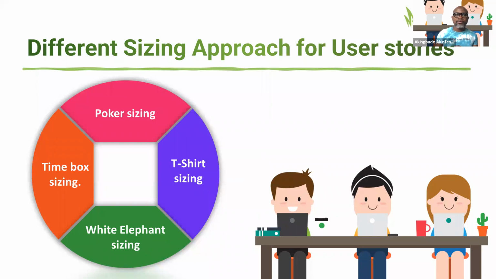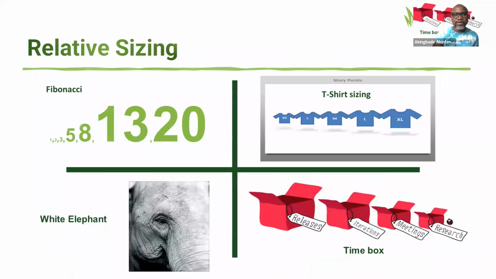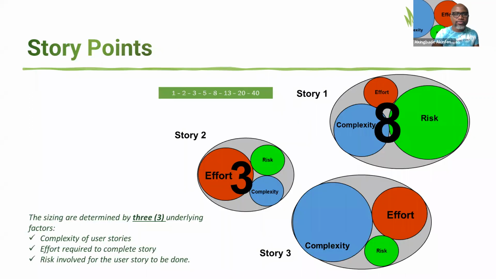So we have poker sizing, t-shirt sizing, white elephant sizing, time box sizing, Fibonacci sizing also. And we'll see some additional ones here. You can see here Fibonacci, t-shirt sizing, time boxing, white elephant. We would specialize a lot on Fibonacci because it's a popular one, mostly used out there. And we'll get into some of the concepts that are cool.